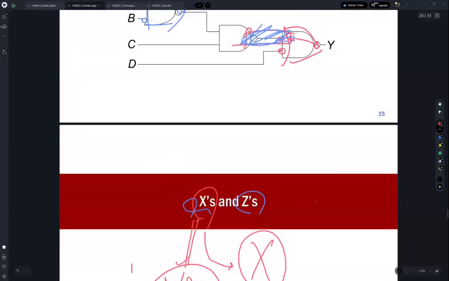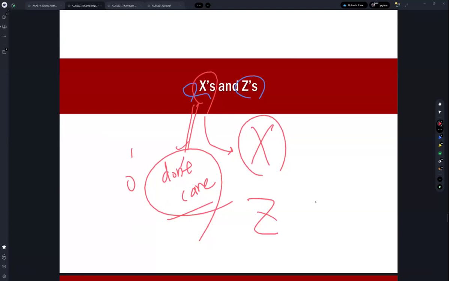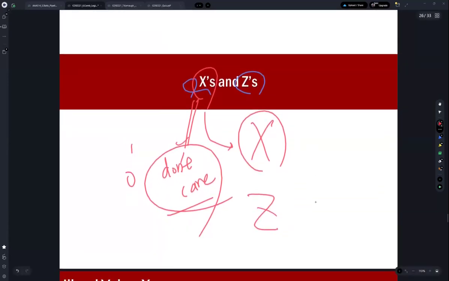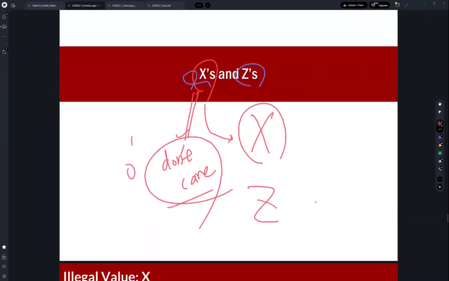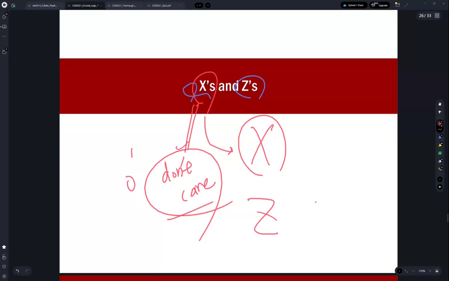I briefly explained this but we didn't have enough time, so I will explain X and Z again. I mentioned that we can use only two kinds of values for bit data, 0 and 1. This is the digital abstraction.